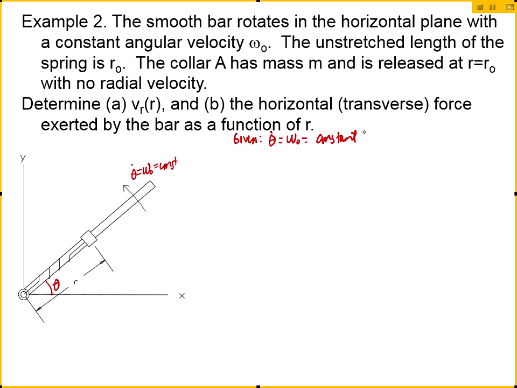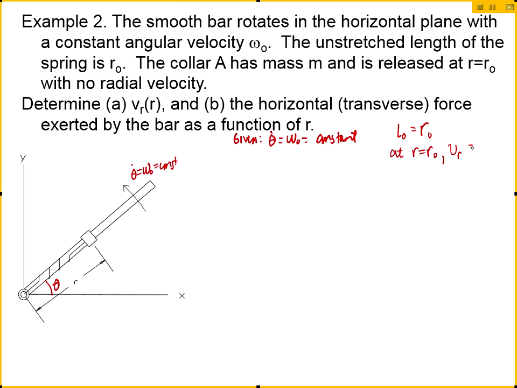You have something that's rotating, and at the same time, probably because of the spring, there's a radial force that creates a radial acceleration. The unstretched length of the spring is r naught. The collar A has a mass of m, and it's released at the position when r is equal to r naught.